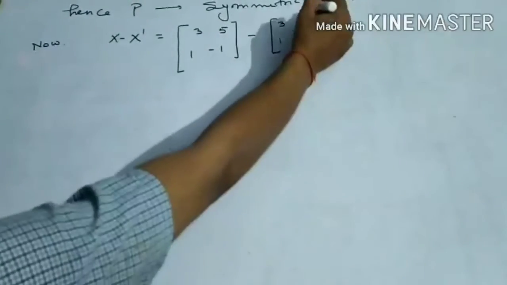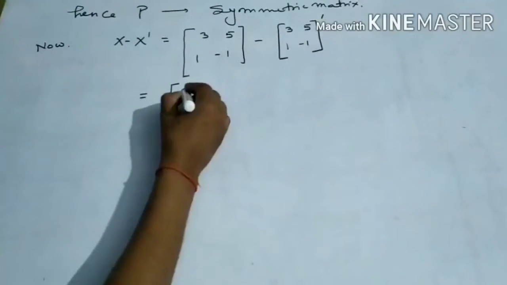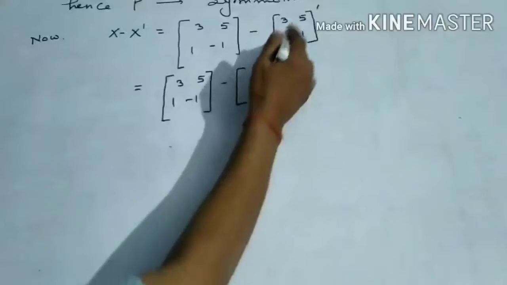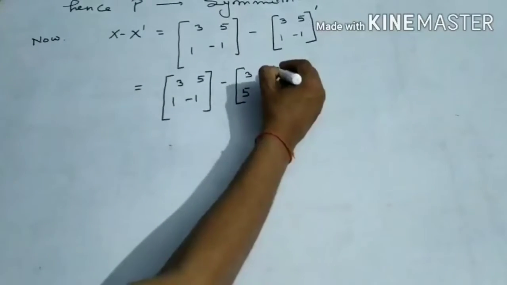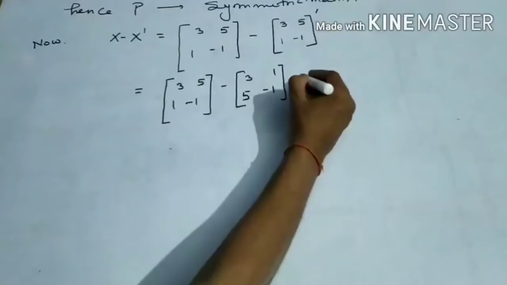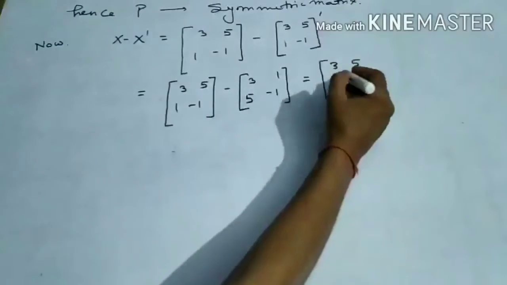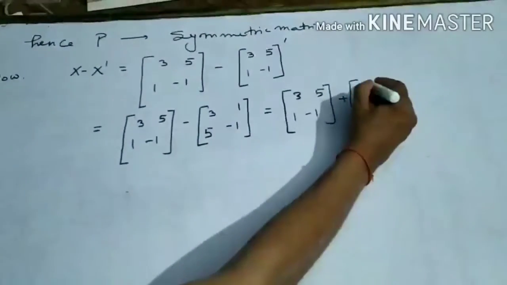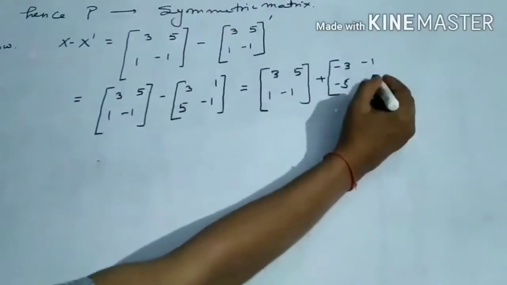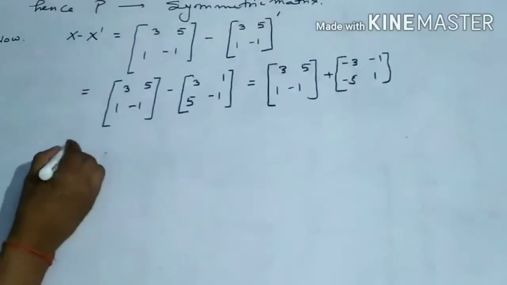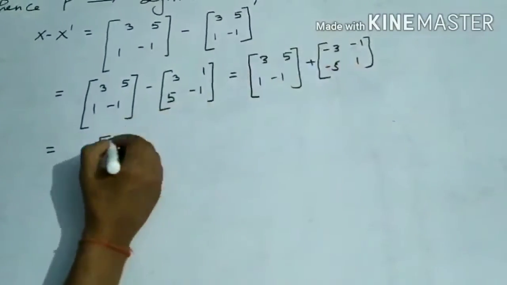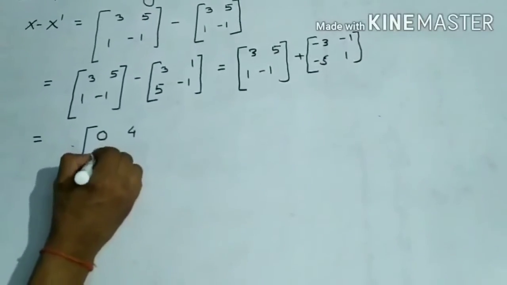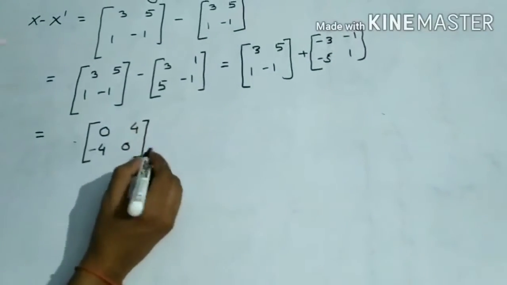This is equal to [3, 5; 1, -1] plus, multiplying all the elements by minus, [-3, -1; -5, 1]. So 3 minus 3 is 0, 5 minus 1 is 4, 1 minus 5 is -4, and -1 plus 1 is 0.